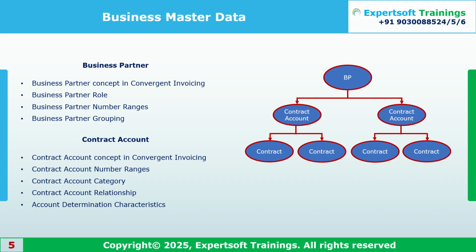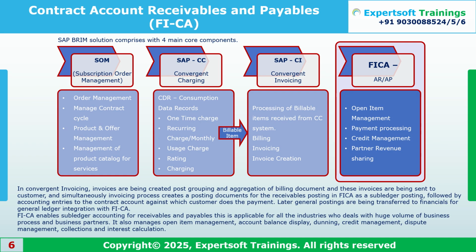So first it will get created in the SOM system when the order is submitted, and that will replicate to my CI system. Okay, that CI means S4HANA, that will replicate to FICA also. So the FICA journey, where does it start? As soon as you create the CI invoicing document, only then will your FICA journey start, not before that.